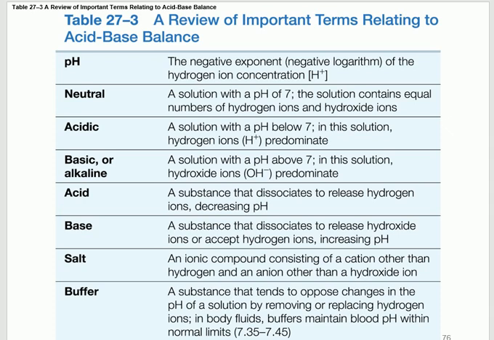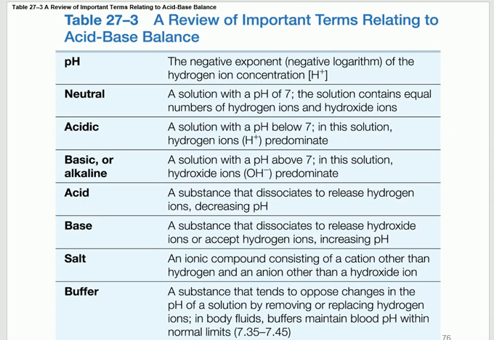This is from chemistry, not from physiology. 7 is neutral. Anything above 7 is alkali. Anything under 7 is acid. Put this to the side. Acidosis and alkalosis is a relative term. You're not referring to those pH measurements. You're referring to the normal, above the normal or under the normal. Is that clear?